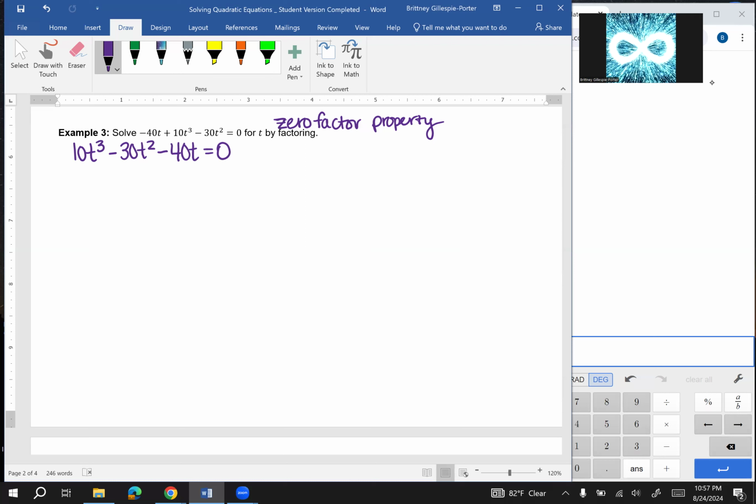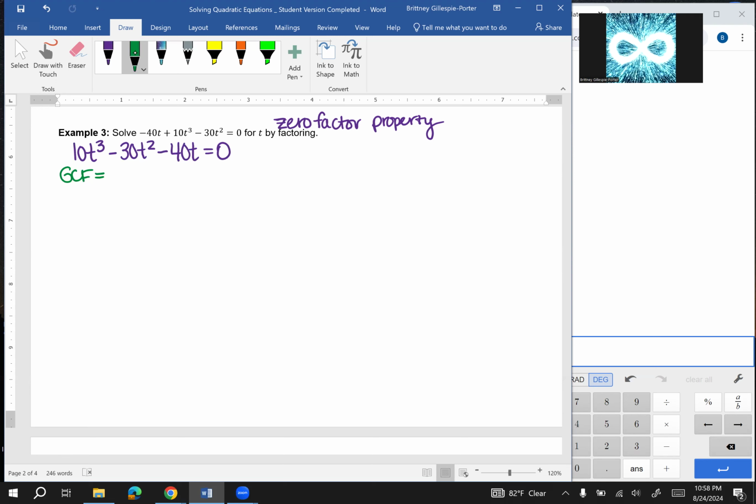You may be looking at this problem and thinking, those numbers look gross, there's t's everywhere. When you see stuff going on in common in all of your terms, that's probably because you got a GCF hanging out. So normally the nicest part of the GCF to find is whether or not you have a variable.